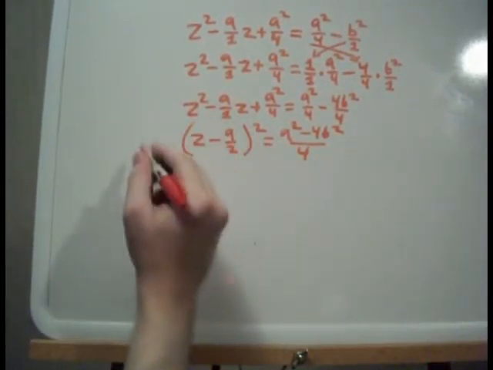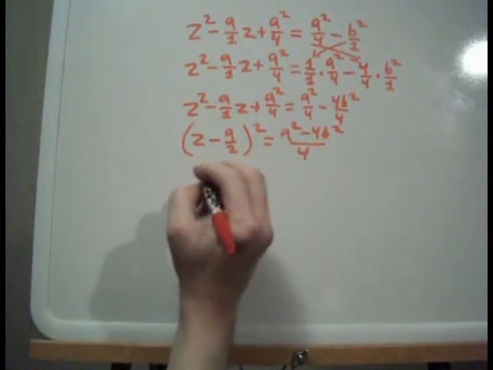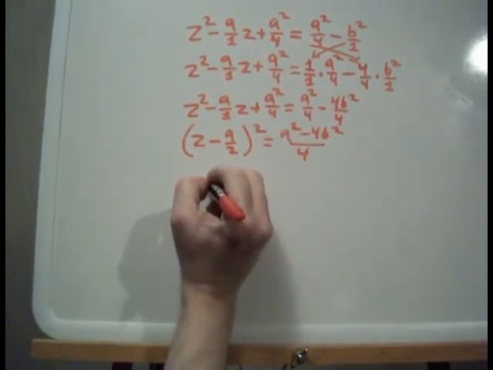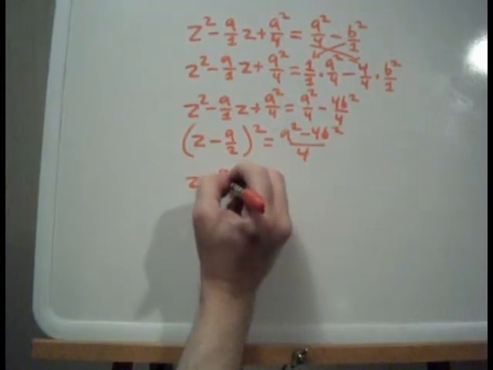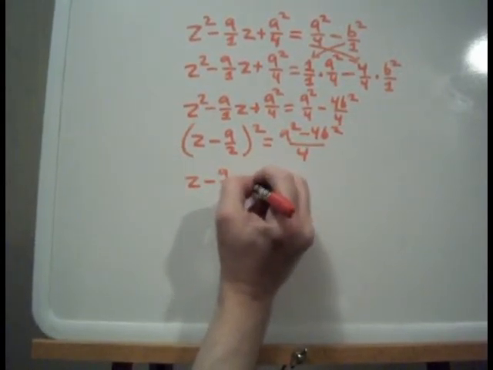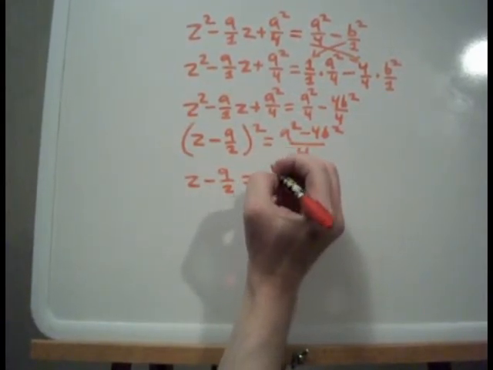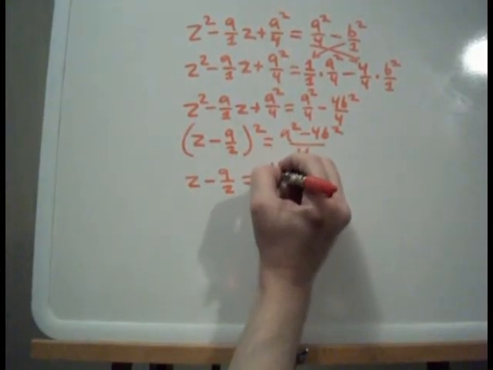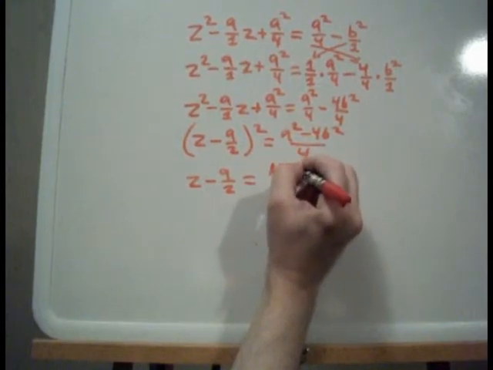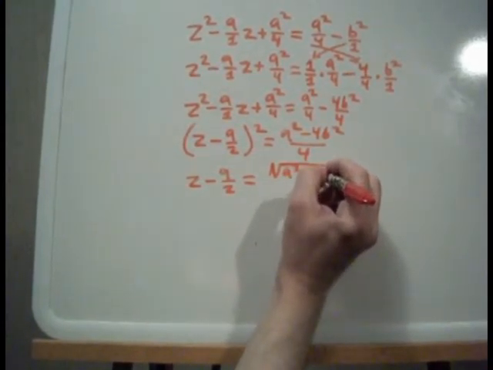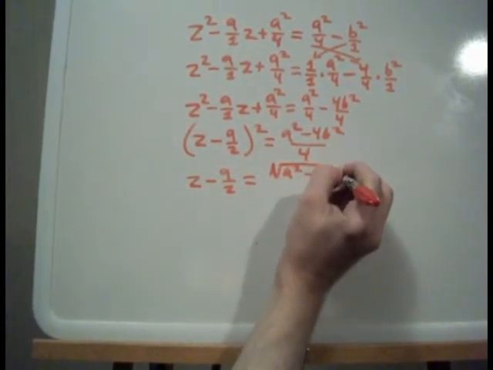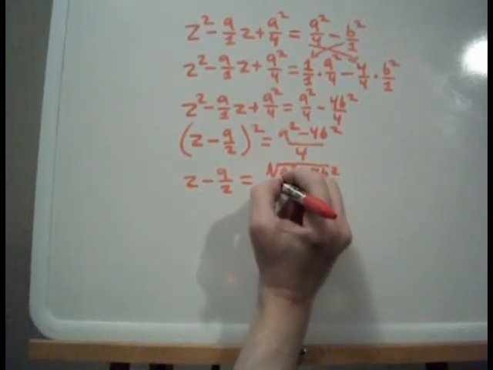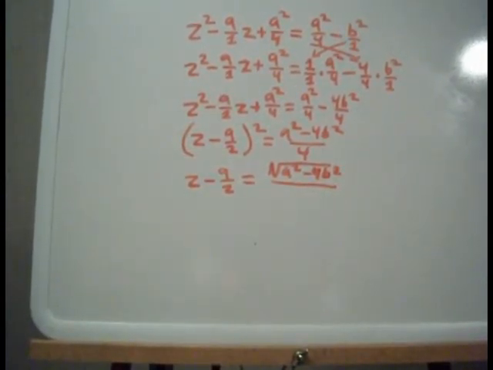Okay. Now we're going to square root. What is the square root of 4? Well, it's going to be 2. Okay.